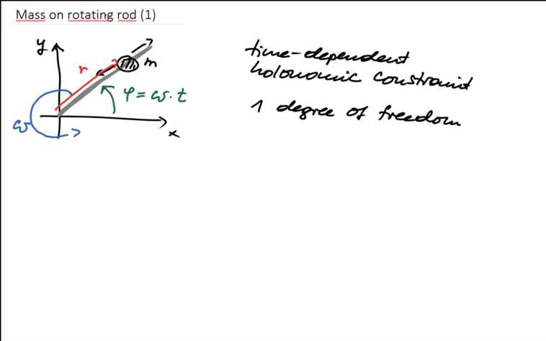At a given time t, we know where the rod is, and we can specify the location of the mass on this rod by a single parameter, and that is this little r, which I drew in red.